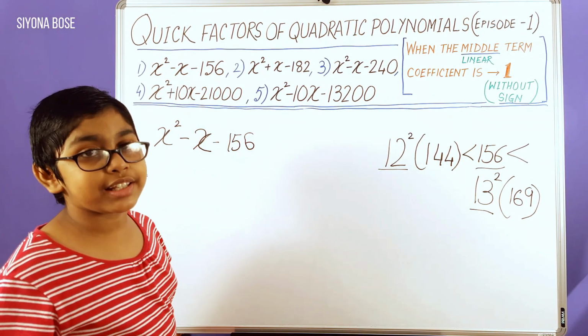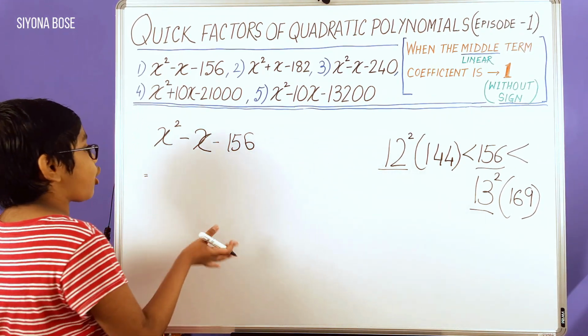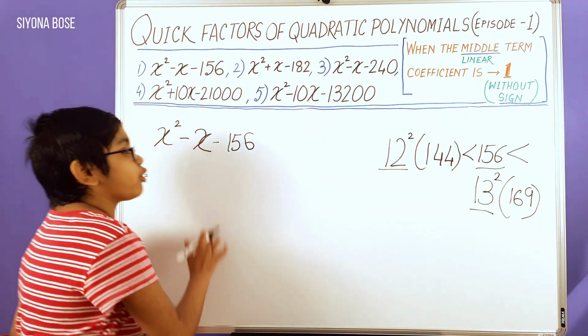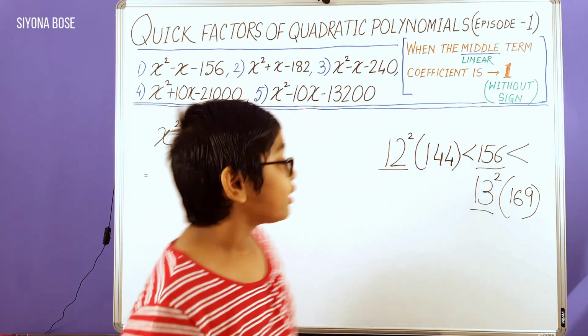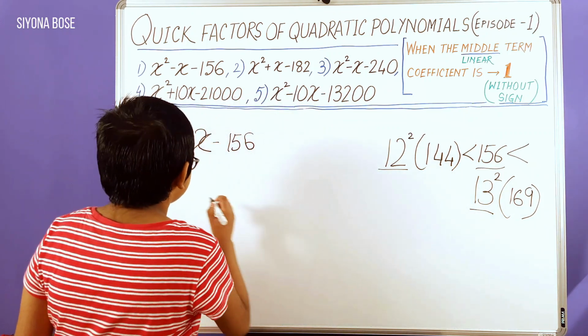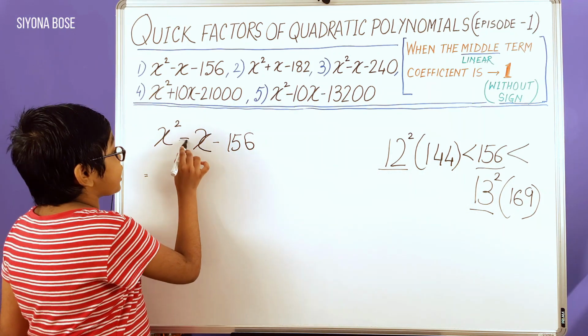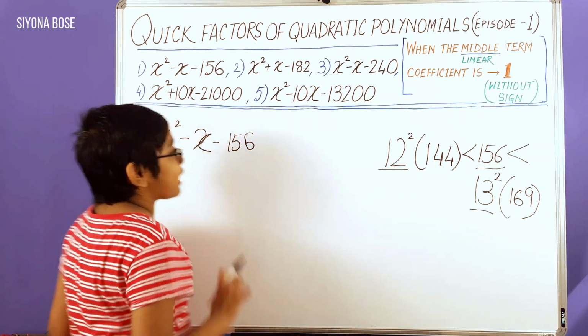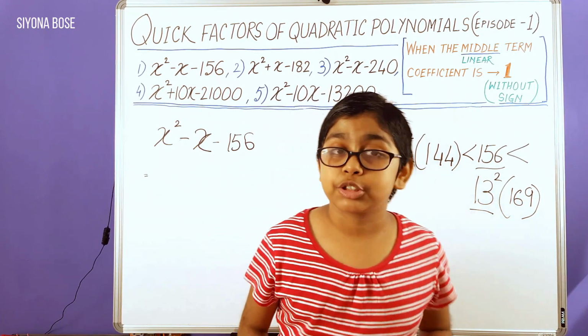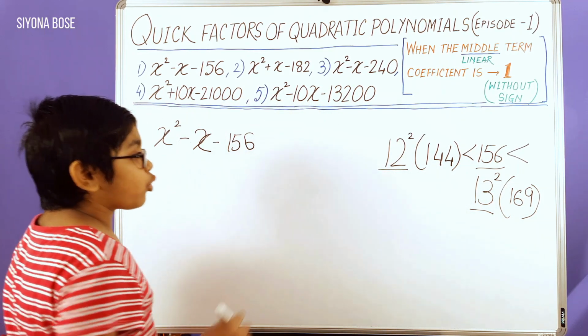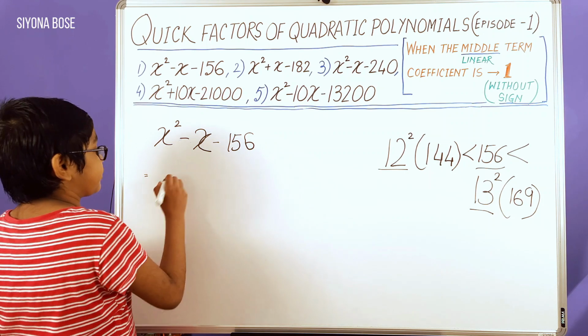Now we can factorize this polynomial. We have a negative sign in front of 156, which indicates we need to find the difference between the terms. And there's a negative sign in front of x, which tells us that the bigger term should have the negative sign, and the smaller term should have the positive sign. So accordingly, we can factorize our polynomial.